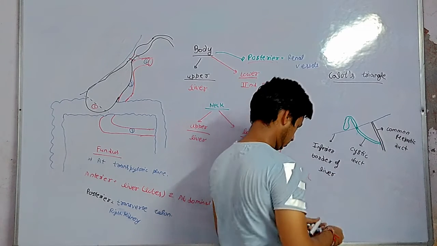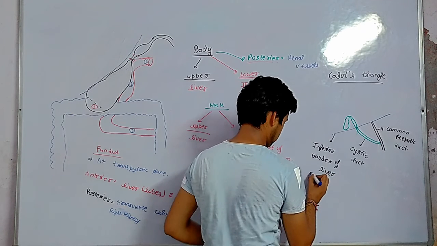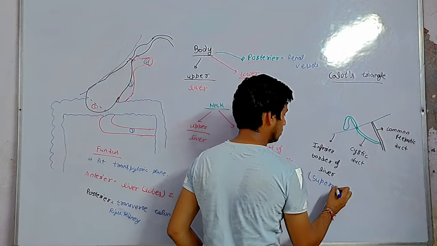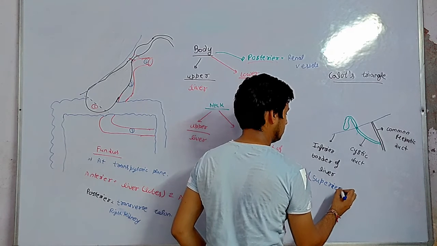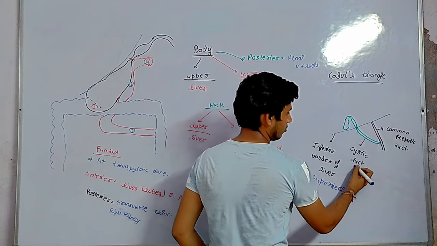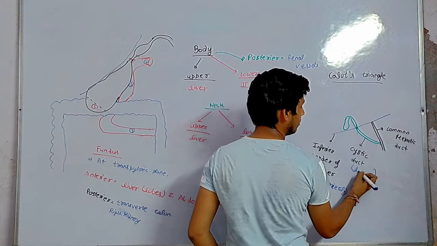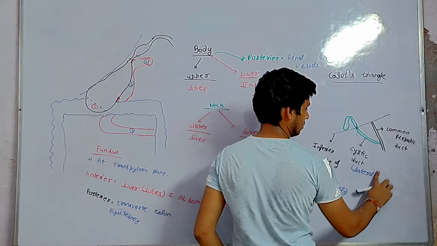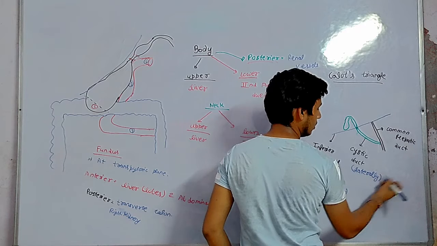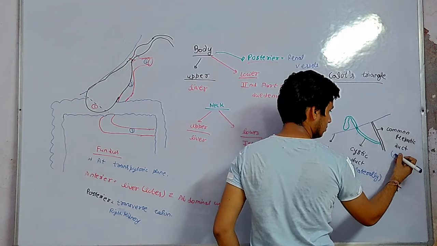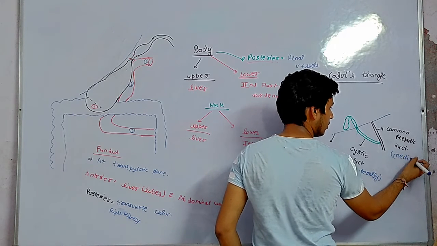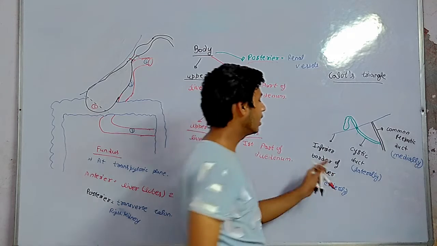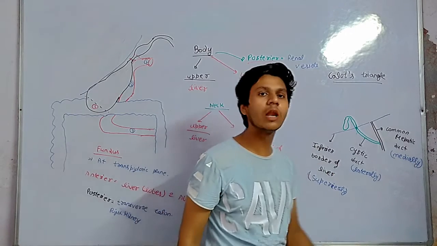This is superiorly, this is laterally, and this is medially. Medially, laterally, and superior. These are the boundaries of Kellogg's triangle.